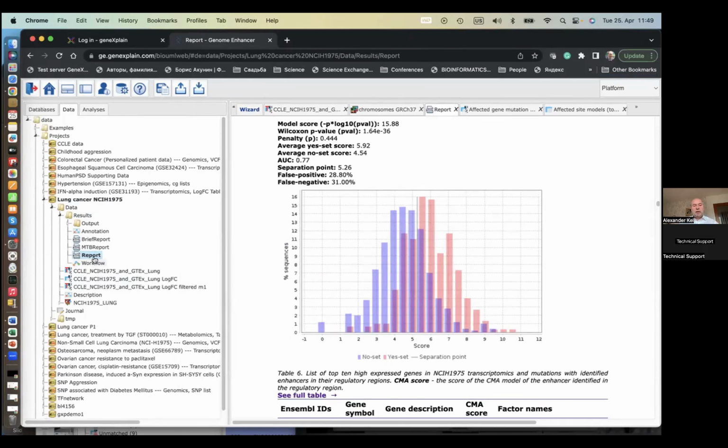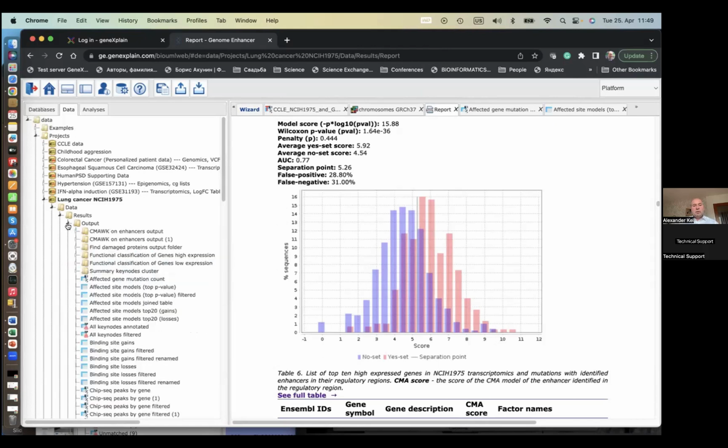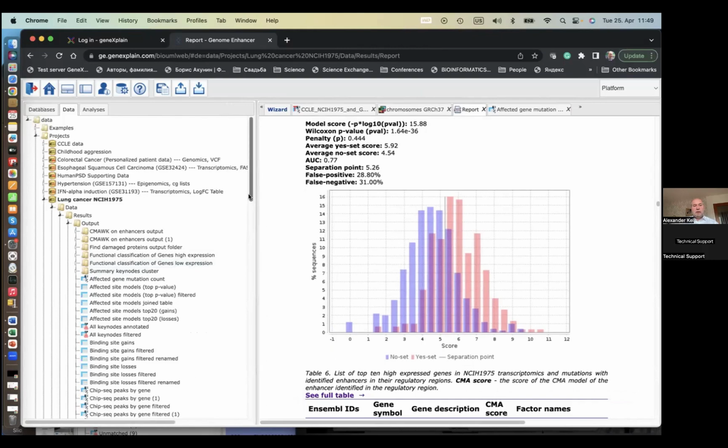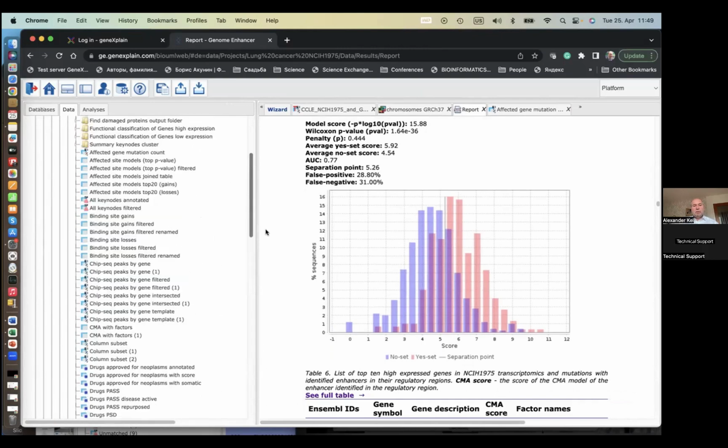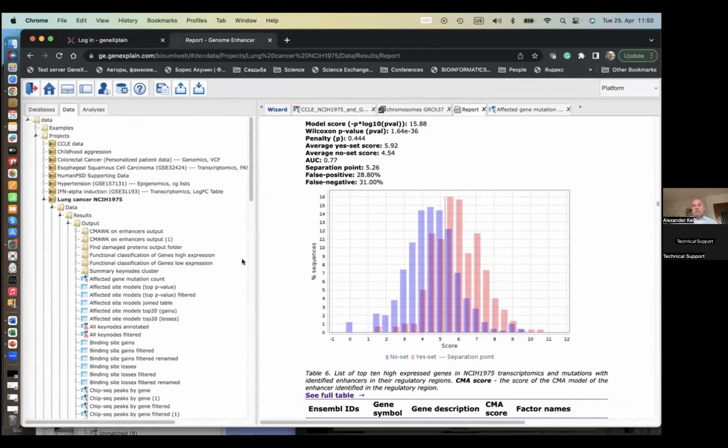It created this report, which we are now looking at, and also a lot of other intermediate files. You see them all here, which were run by many different programs inside this pipeline to analyze the data.